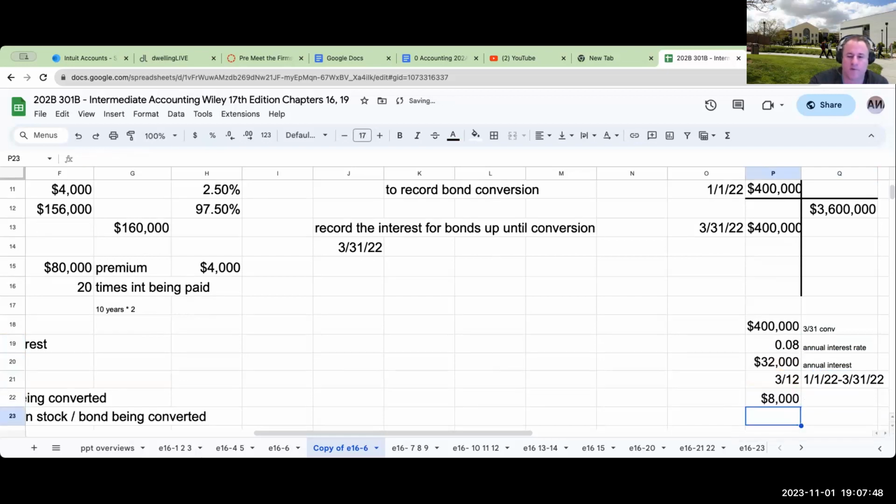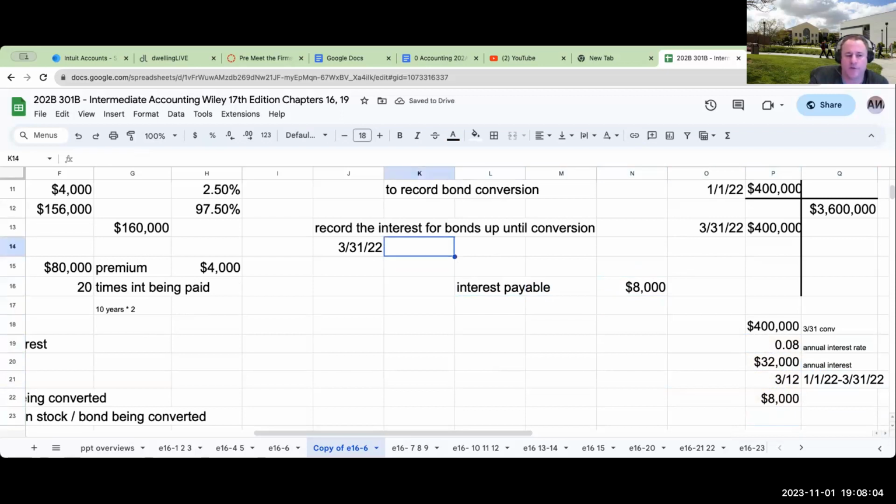Multiplying by 3/12, I get a total of 8,000. So my interest payable, I'm not paying cash, but my interest payable is going to be $8,000.